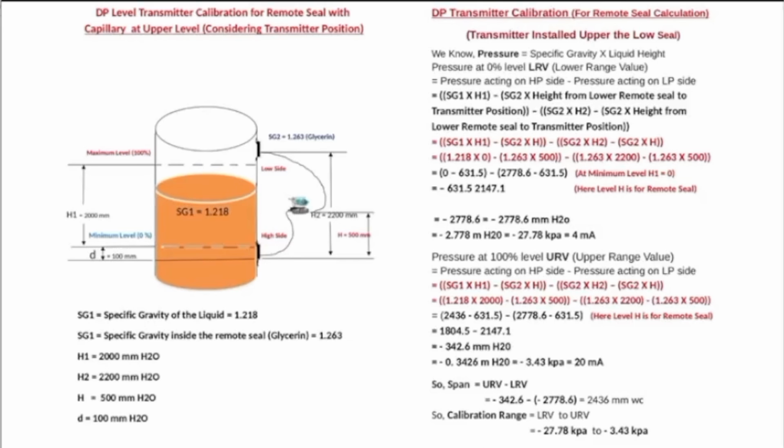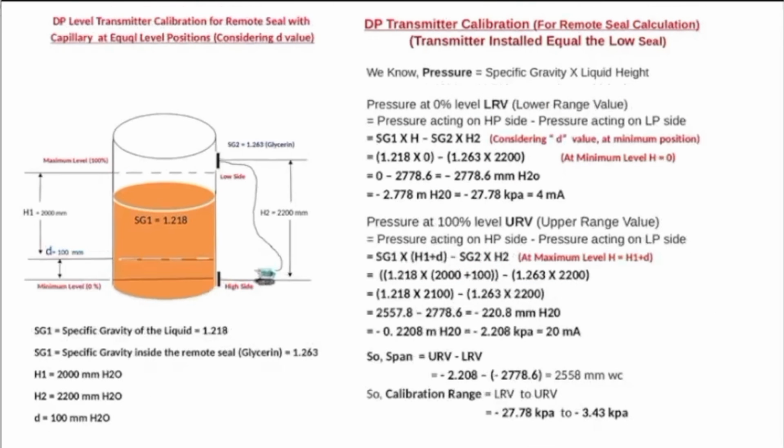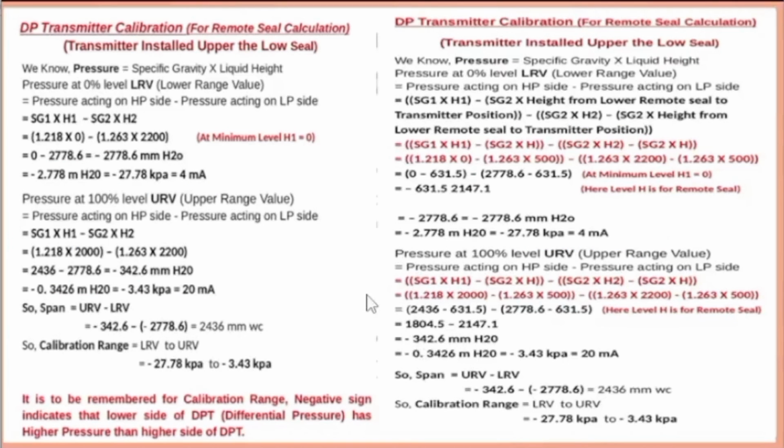If we consider this, then here is the comparison. You see, for these two calculations, the span and calibration range are the same. Here the span is 2436 millimeter water column. Here is also the same, and the calibration range is the same.